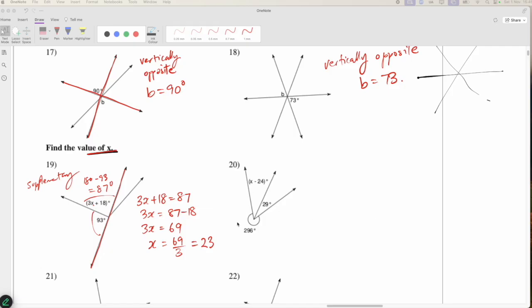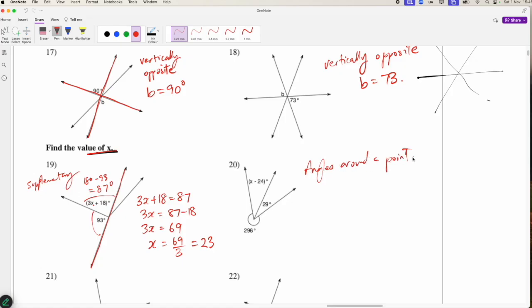And this, oh gosh, look at straight line. So if this is a straight line, and no, what am I saying? Nobody correct me there. Angles around a point, thank you. So that means this plus this plus this is 360.